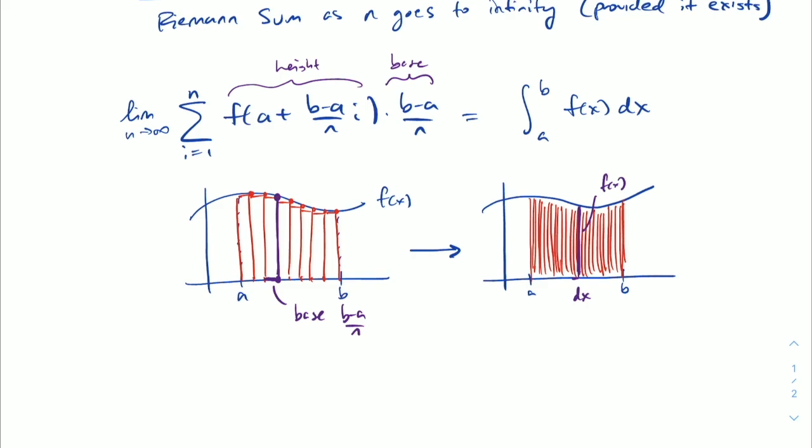This f of x is the height of our really thin rectangle, and dx is the width. So the integral sign is like summing over the areas of these rectangles. If we think of the Riemann sum as giving us an approximate area, the definite integral gives us the exact area.